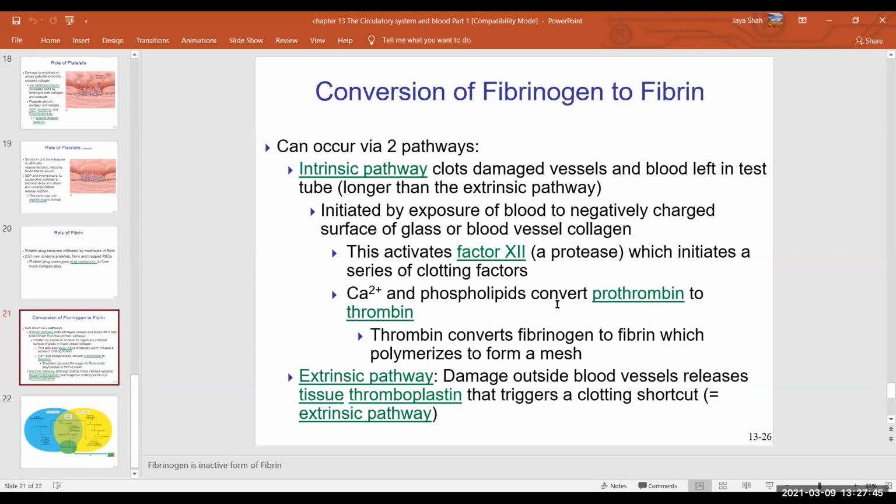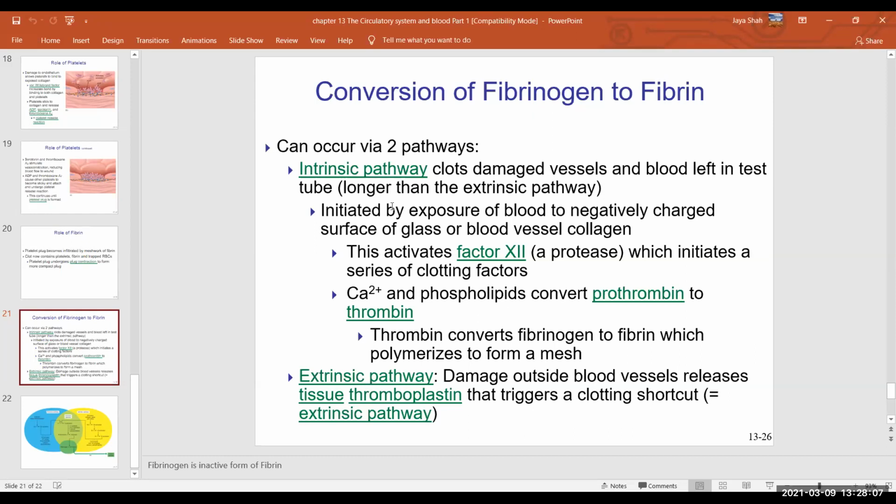This fibrin is not active all the time in our blood. Fibrin is found in the inactive form of fibrinogen. Okay. So how do fibrinogen and fibrin become active in making the blood clot stronger?